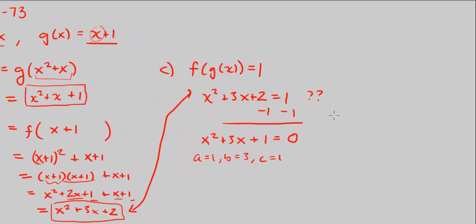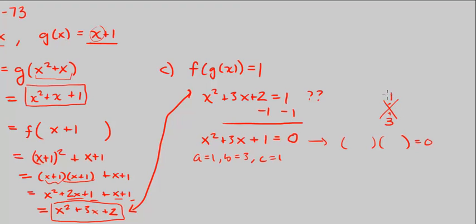I like to factor whenever I can because that's a little faster than the quadratic formula. Factoring would require us to multiply two numbers to get 1 and add two numbers to get 3.